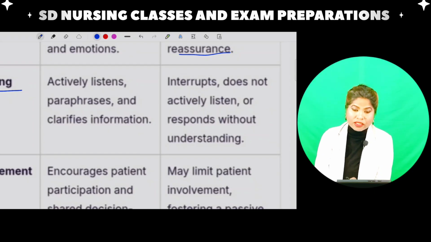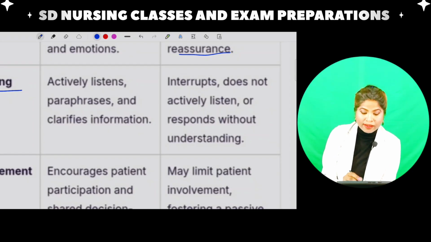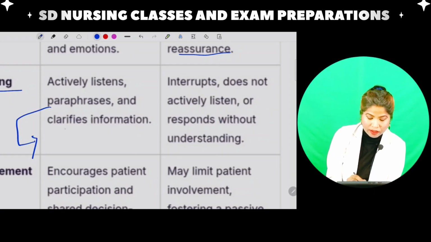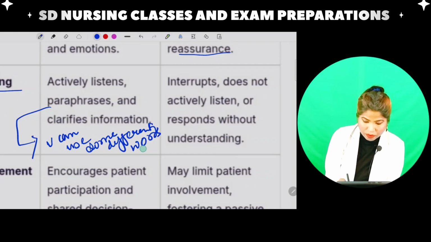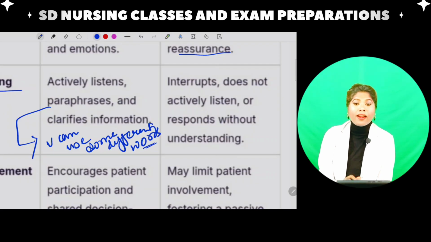Then paraphrasing means if he is not understanding one thing, you can use some more words, some different words, so that the patient can understand.